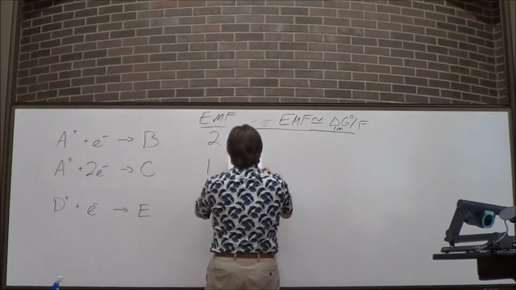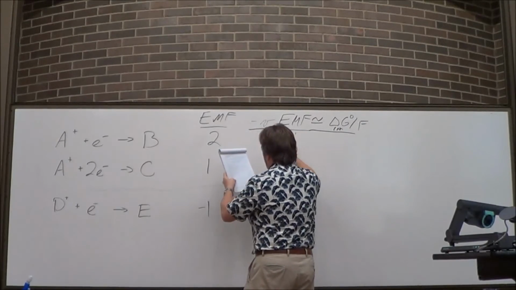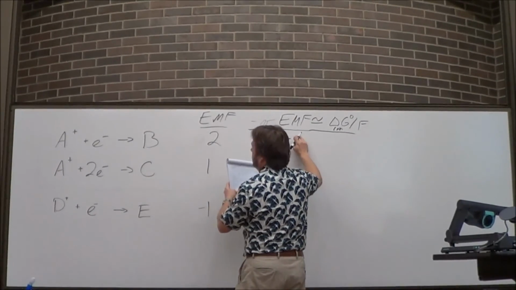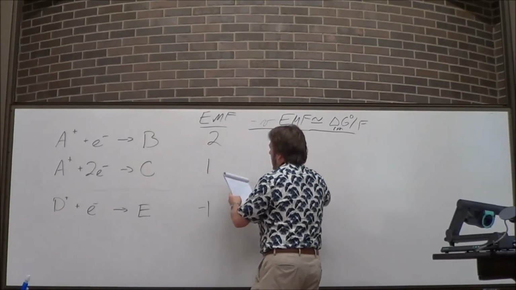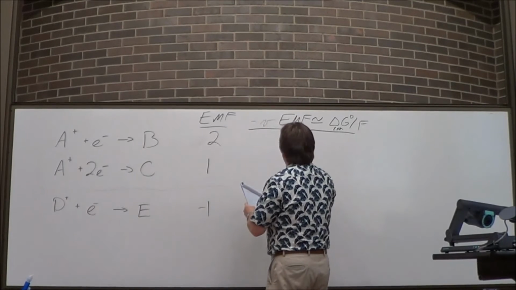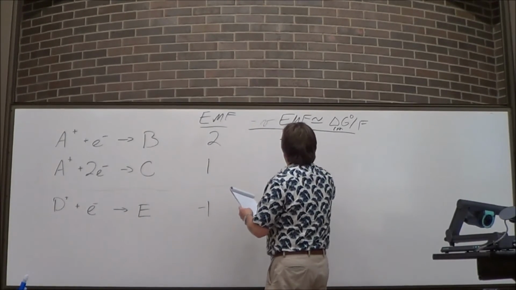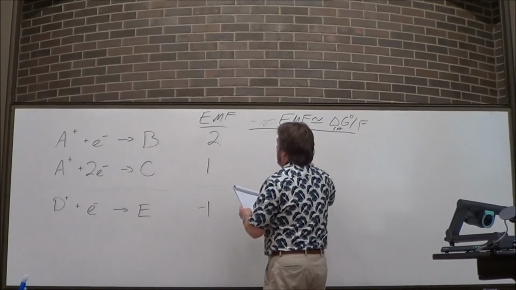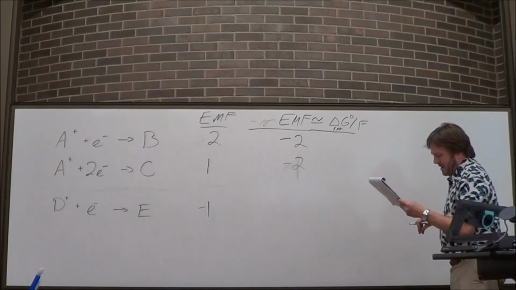Okay, and so this is minus 2. Am I doing this right? Minus 2. And this is, of course, minus. No, this is minus. What have I done? I've done something a little funky here.